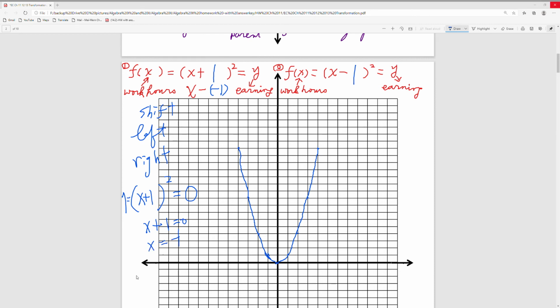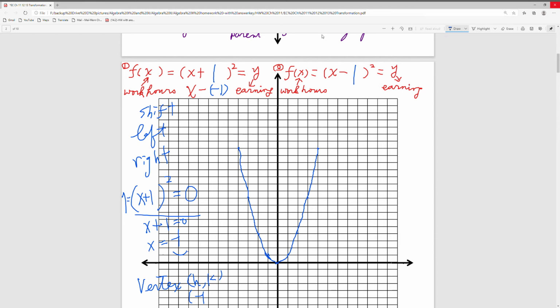Therefore, the vertex (h, k), this h is -1. So that's why I say the number with x minus is h. Why? Because when you solve for the perfect square, this plus 1 becomes -1.